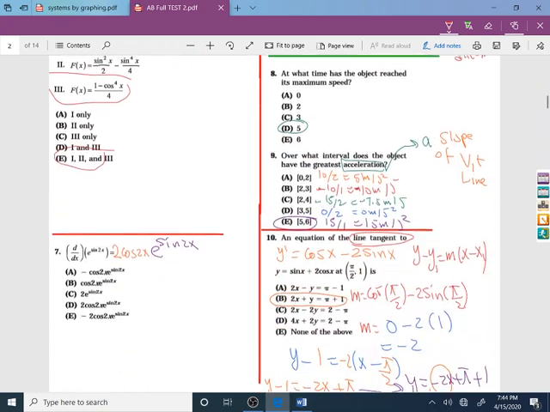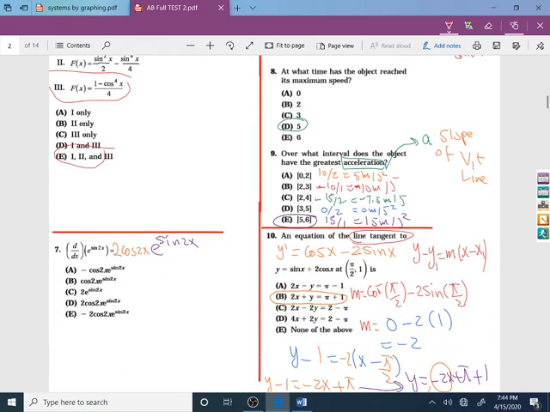Okay. Now let us go to number 7. Number 7 is an easy problem. The derivative of e to the sine 2x. It's a rule. What's the rule? Y equals e to the f of x, y prime equals f prime of x times e to the f of x, which is what I did here.